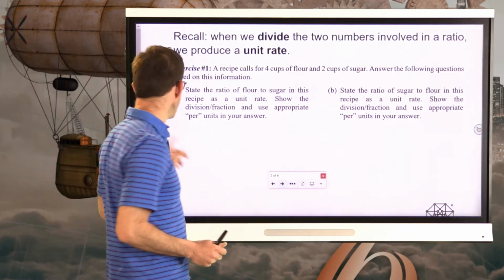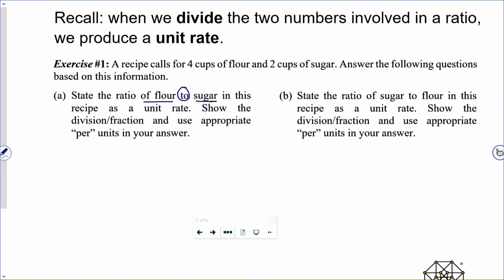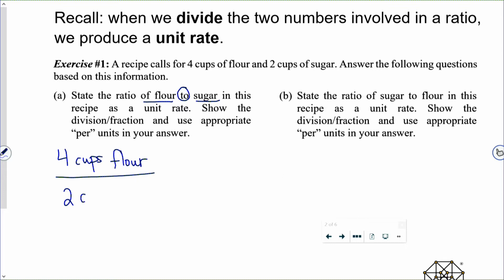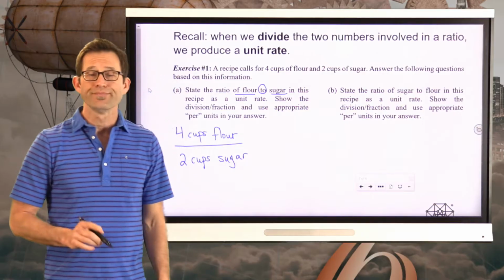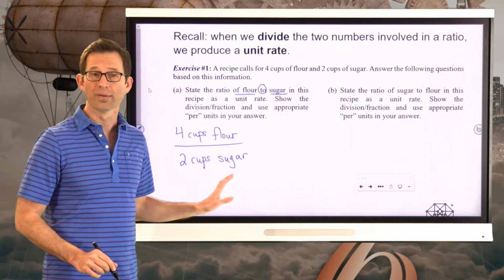Now, remember, we want the ratio of flour to sugar. So what we're going to say is, well, we've got 4 cups flour per 2 cups sugar. Whenever you do this, I really recommend having these units sitting there.